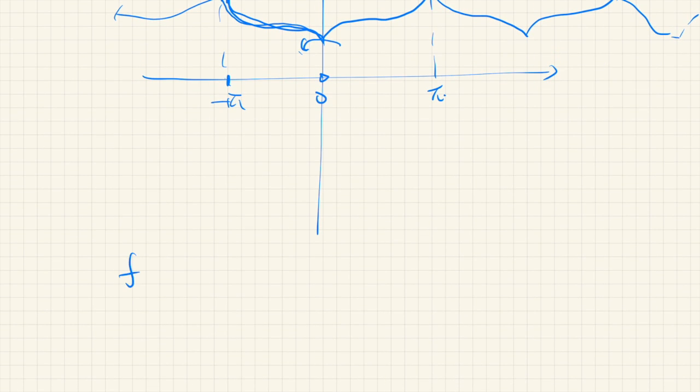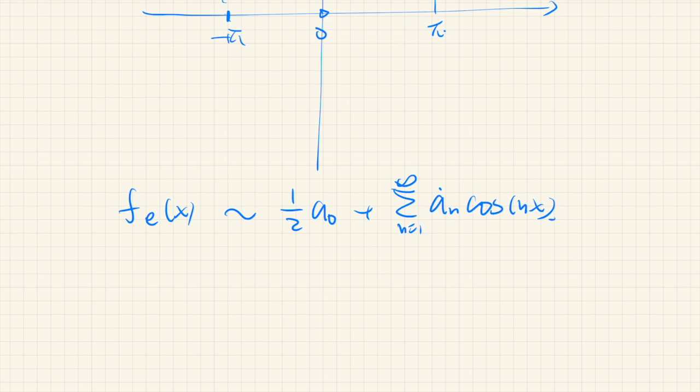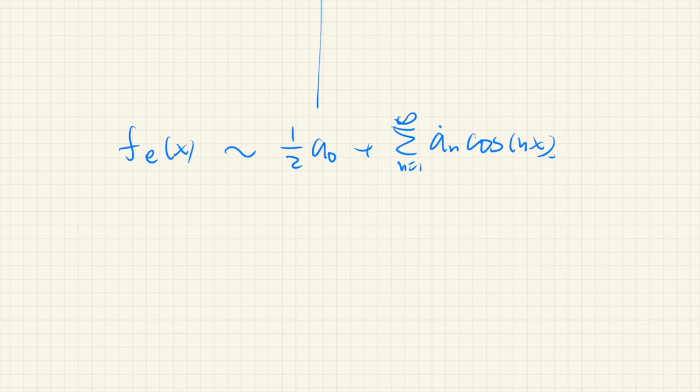That is fe of x. So the Fourier cosine series would be something like 1 over 2 a0 plus the sum of an cosine nx. So when x is between 0 and pi, we can say the Fourier series of g of x can be expressed in two ways.